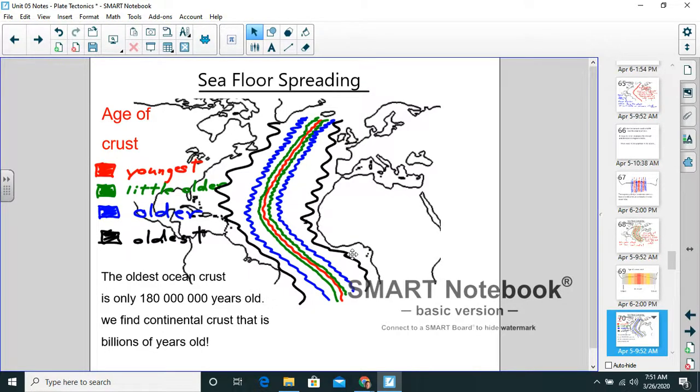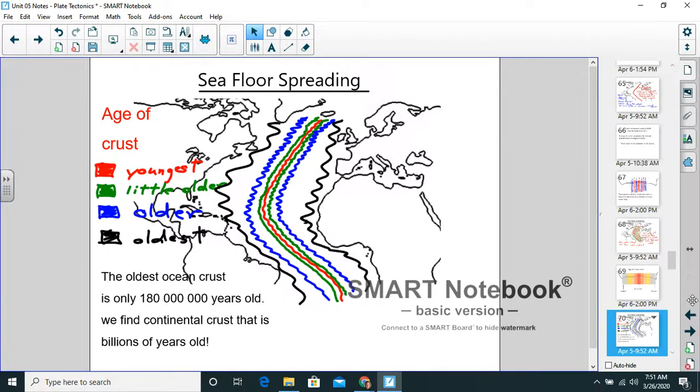And the oldest crust in the seafloor of the Atlantic is way out here near the continental edges. What's somewhat strange is, the oldest crust that we find in any of the oceans on Earth is only about 180 million years old. If we go on continents, we can go right here in central Wisconsin, and there are rocks that are billions of years old. So all of the oceans of the Earth are relatively young rock.